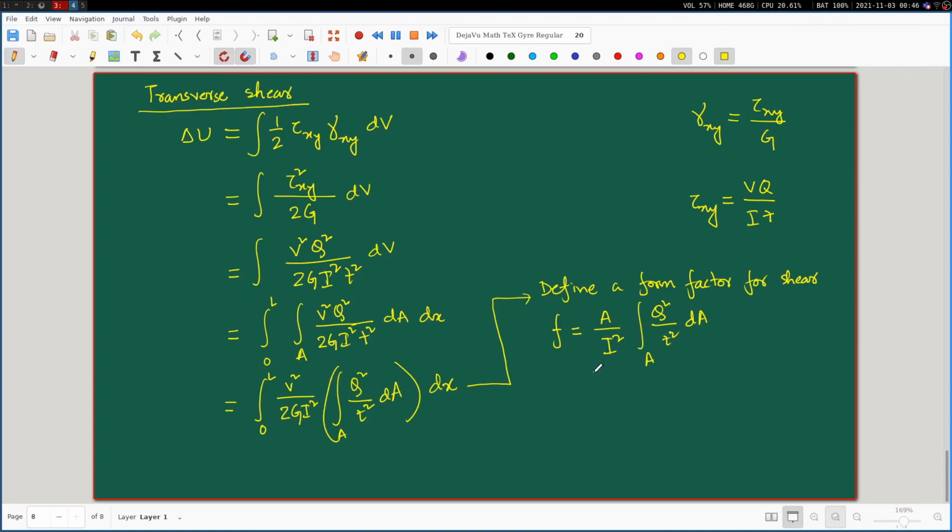Now, this is an entity which is purely dependent on the geometry. Please note, it has nothing to do with the Young's modulus or the shear modulus or anything. It's a purely geometrical entity.